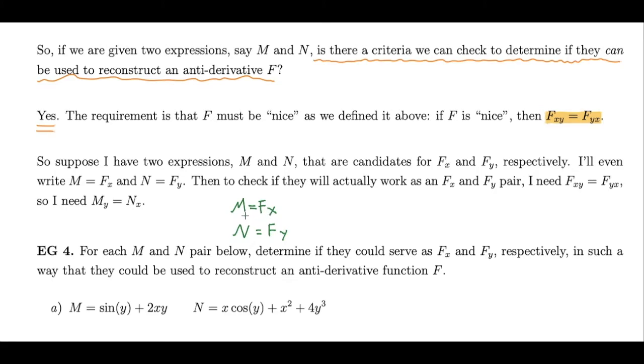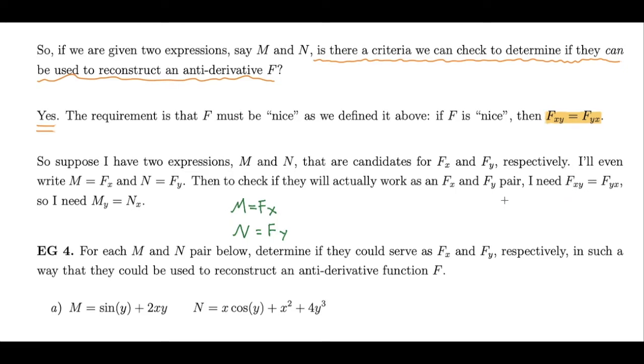Typically we call that M, and we'll assume the other is the partial with respect to y, which we'll typically call N. But the derivatives that I'm targeting are the partial of f with respect to x and then y. So this expression, which I'm assuming to be the partial with respect to x, I need to take its derivative with respect to y in order to generate this mixed partial expression.